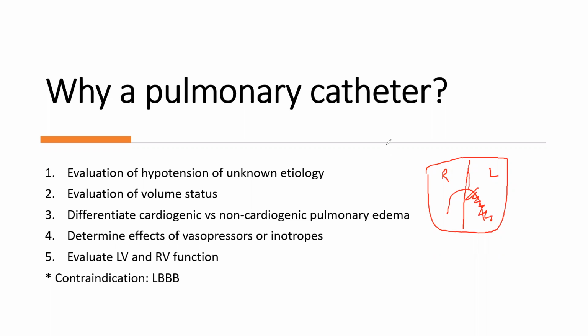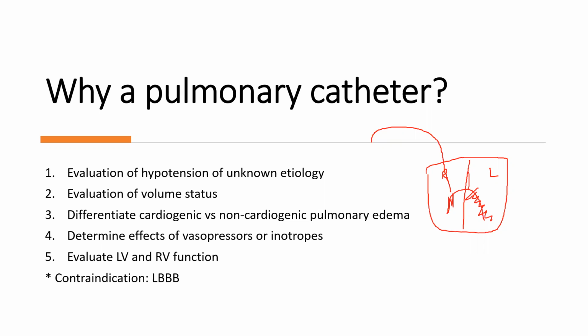Now, understand that a pulmonary artery catheter goes into the right side of the heart, both in the right atrium and the right ventricle. And therefore, there's a risk for damaging the right bundle branch. Thus, if we damage the right bundle branch, and there's already a pre-existing damage of the left bundle, what is going to happen?